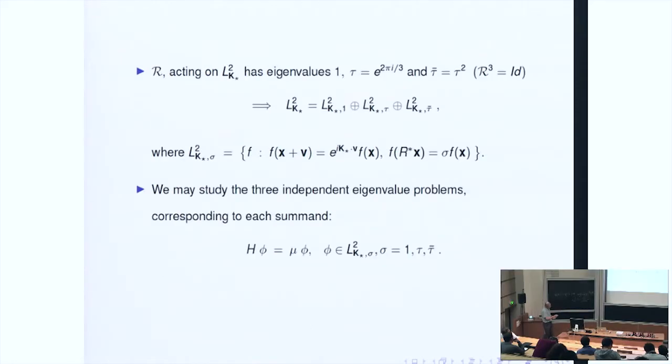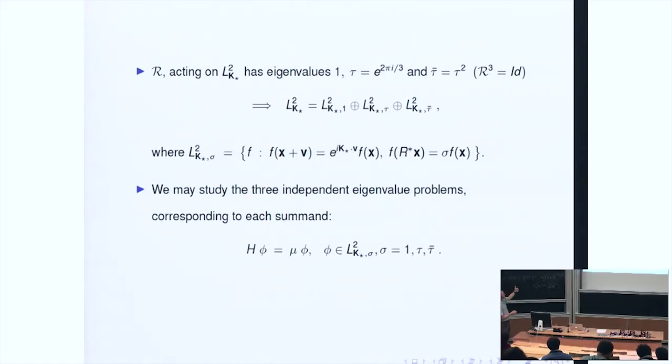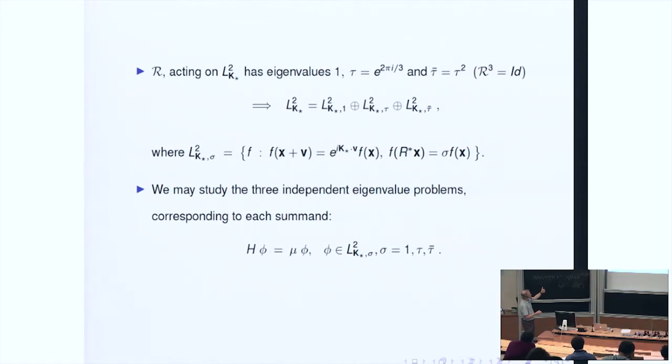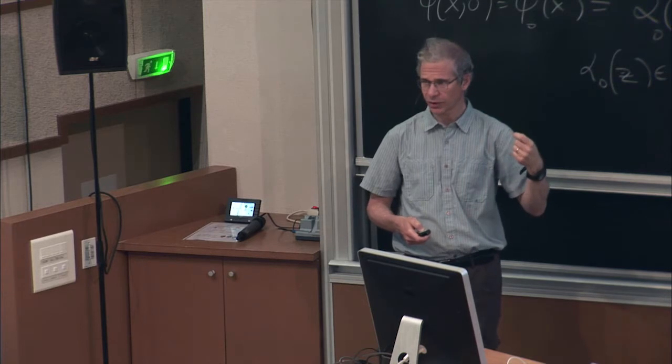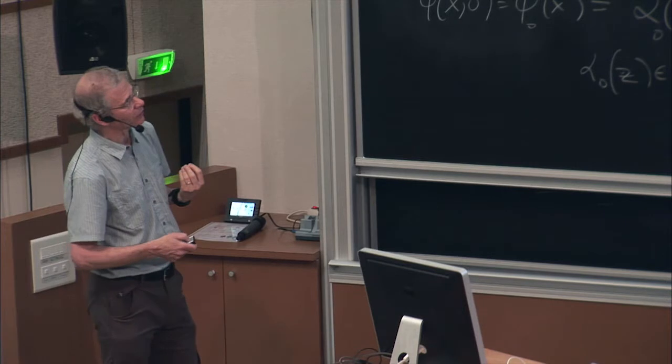And because the rotation by 120 degrees has eigenvalues 1, tau, and tau bar, you can break L2, the space L2k of L2 functions which are k star quasi-periodic, into an orthogonal sum in each of those eigenspaces. And that means you can reduce the problem of looking for degenerate eigenvalues to the one of looking for simple eigenvalues, which is a much more tractable analytical problem.